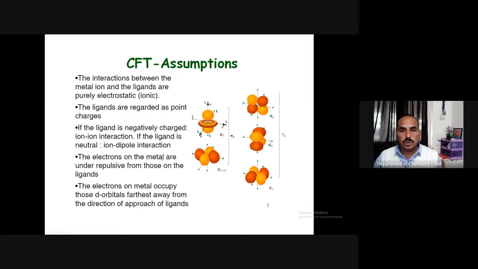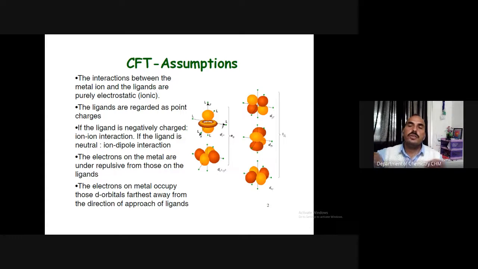Electrons on the metal are under repulsive forces from those on the ligands. Whatever electrons are there on the d orbitals will face repulsion from the electrons present on the ligands. The electrons on the metal occupy those d orbitals farthest away from the direction of approach of the ligand, because they would like to minimize the repulsion from the ligand.